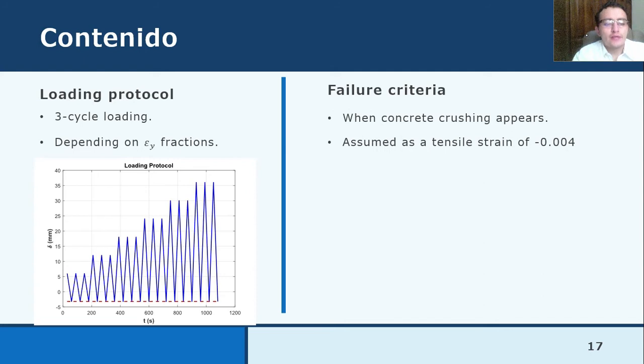We also have the failure criterion, which is assumed to happen when concrete crushing is exhibited in the area where the highest strain develops. Thus, a concrete strain equal to minus 0.004 was used as the failure criterion to stop the analysis.